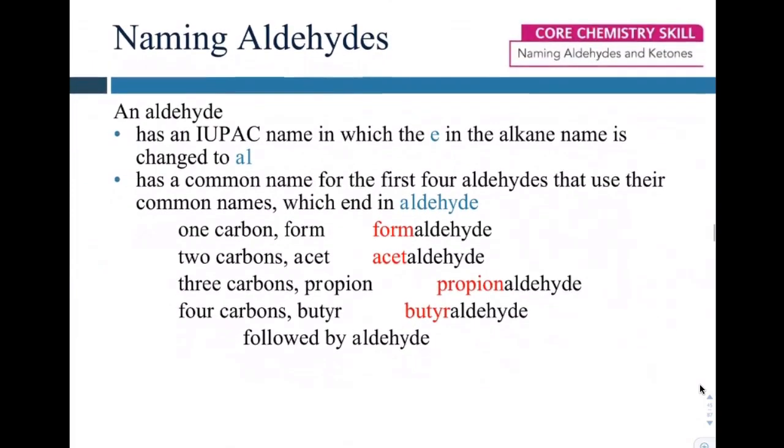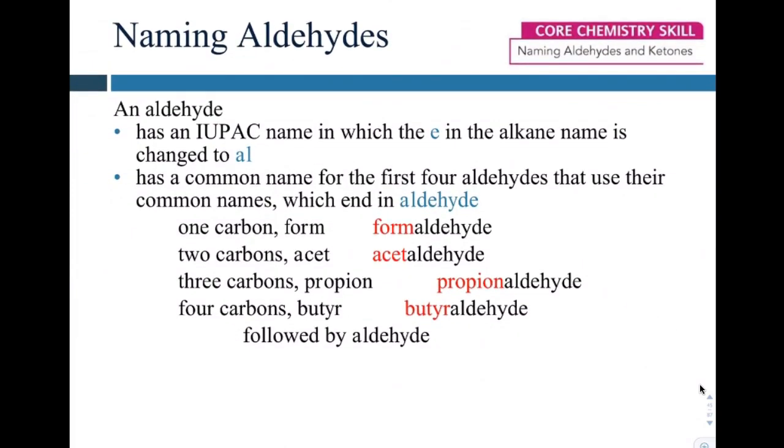So naming aldehydes, using the IUPAC name, you just change the E ending, like we changed methane to methanol, you change it to al. So methanal would be the aldehyde with methane. But methanal is also called formaldehyde.